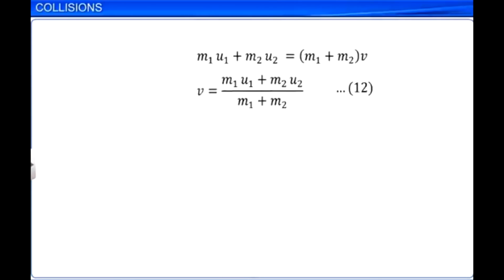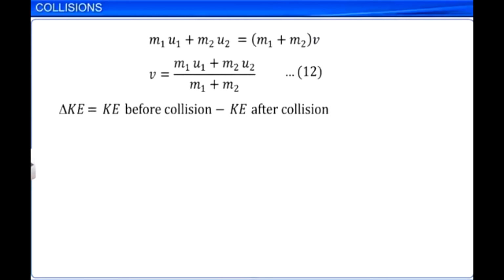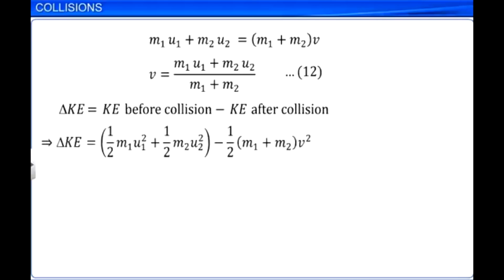The loss in kinetic energy of the system, delta KE, is equal to the kinetic energy before the collision minus the kinetic energy after the collision, which is half m1u1 square plus half m2u2 square minus half into (m1 plus m2) into v square.